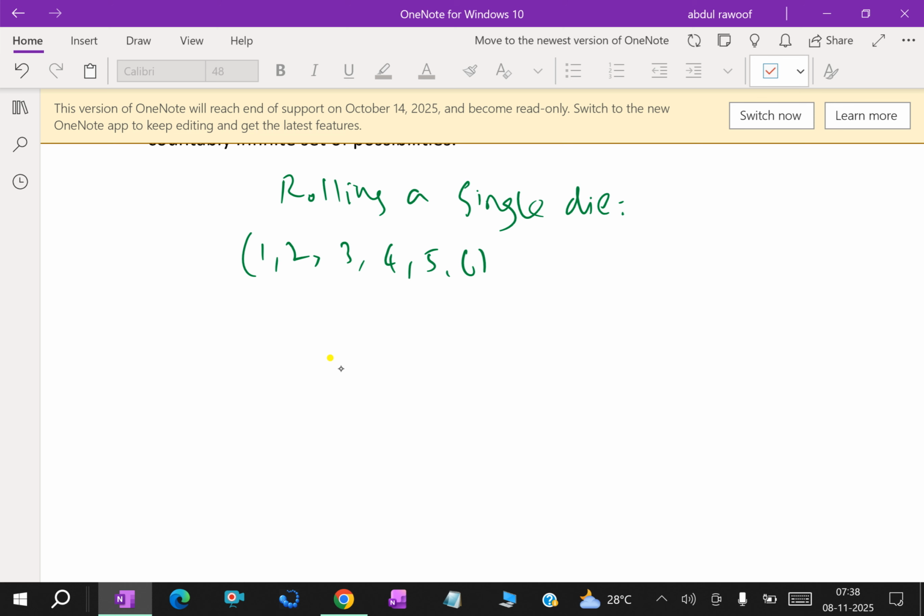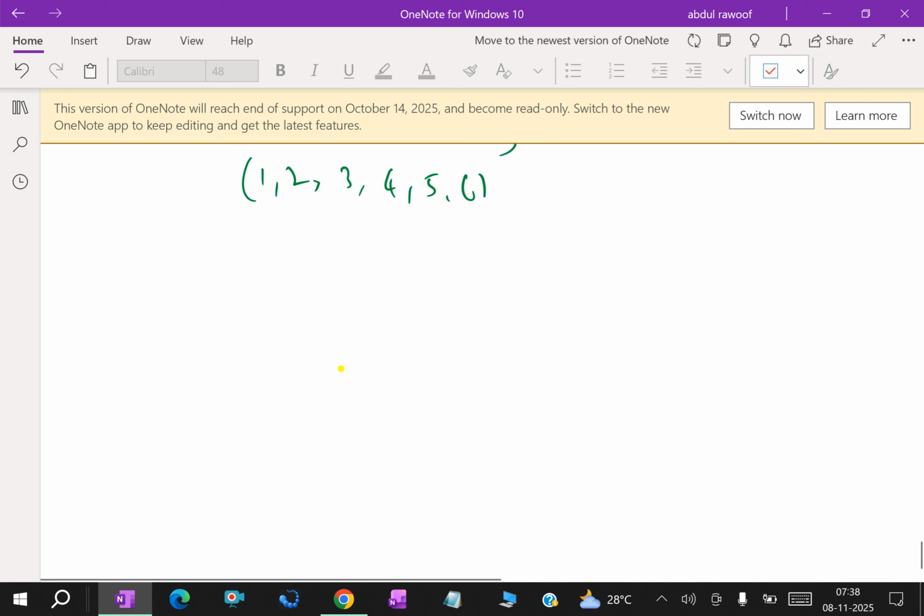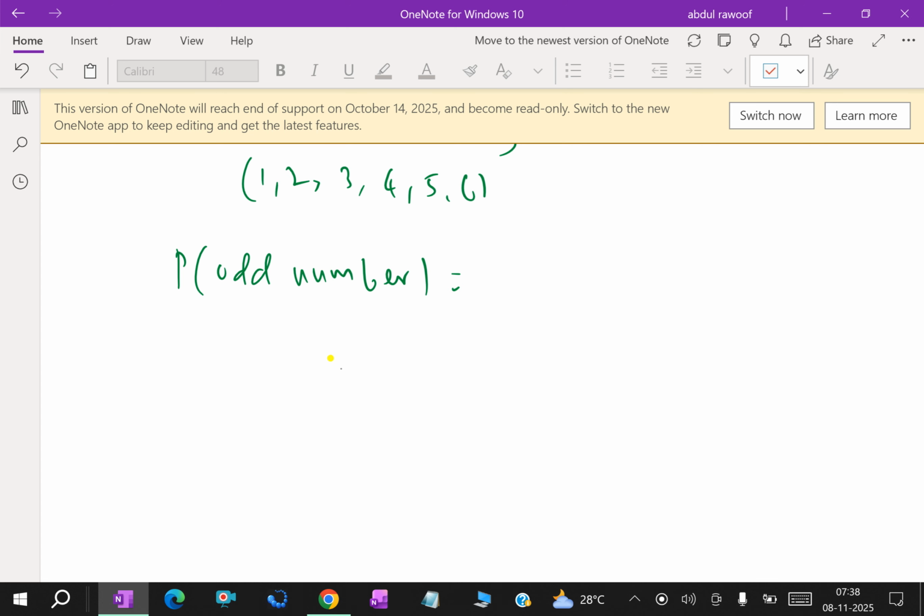Then the probability of getting, suppose, an odd number: how many odd numbers are there? 1, 3, 5. 3 odd numbers. The total number is 6, so the probability is half.